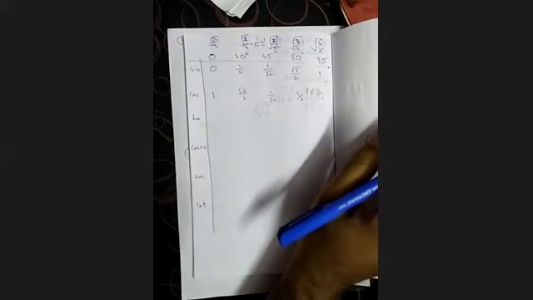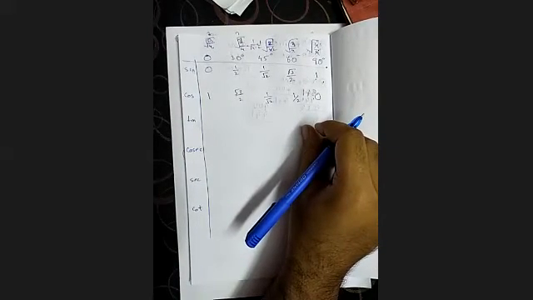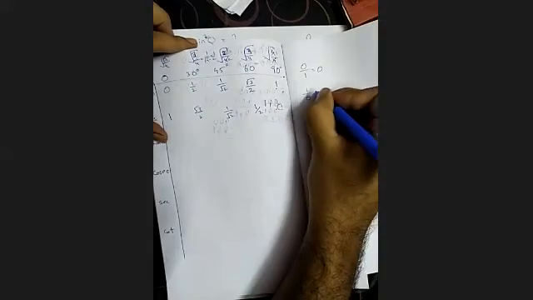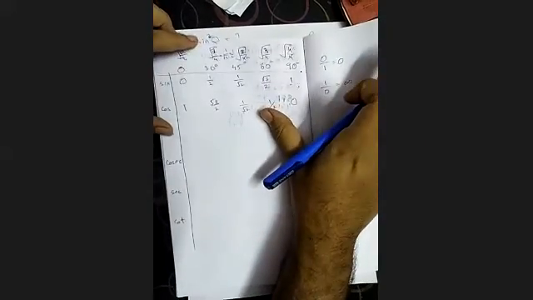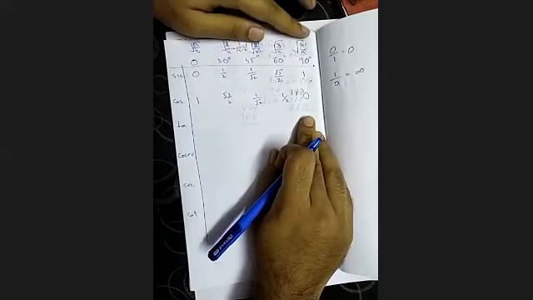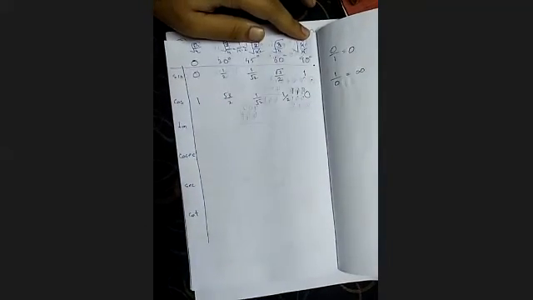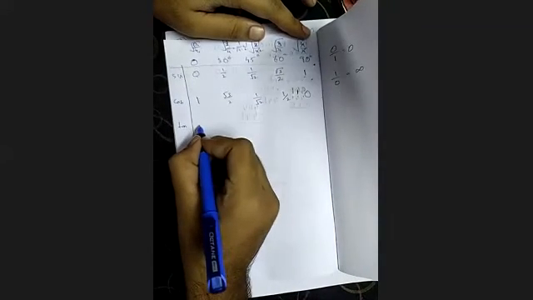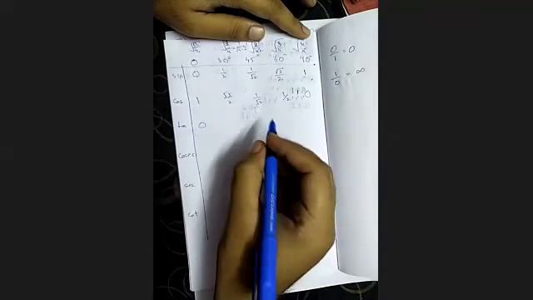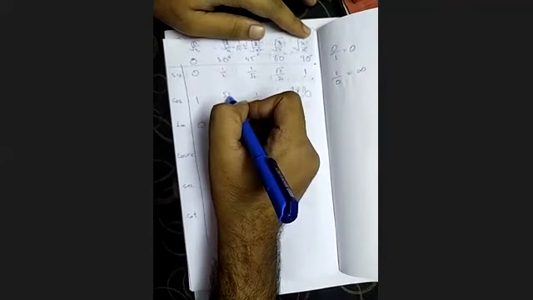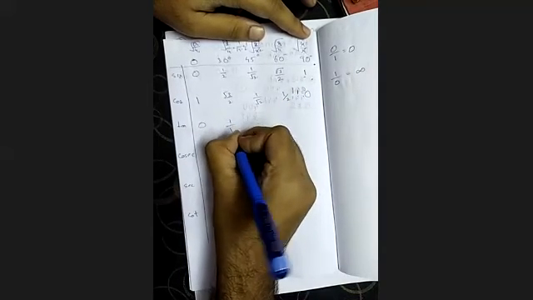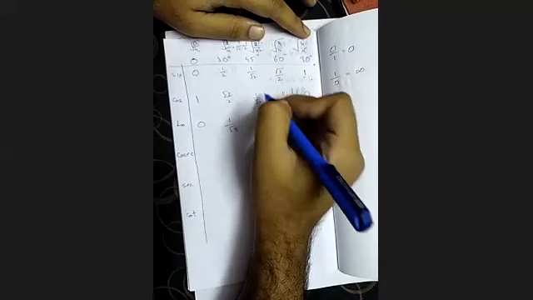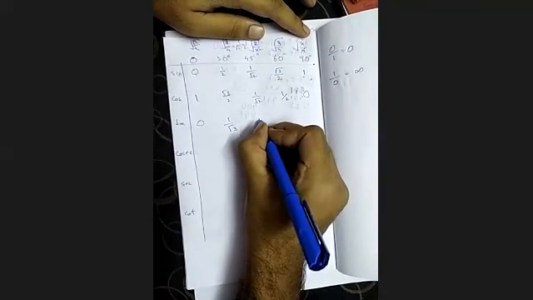Now what is tan theta? Tan theta is sin theta by cos theta. So divide these two. Remember, 0 by anything is 0. 0 by 1 is 0. 1 by 2 divided by root 3 by 2 is 1 by root 3. 1 by root 2 divided by 1 by root 2 is 1.